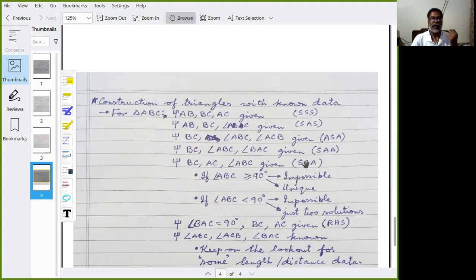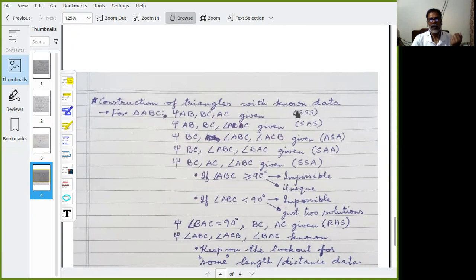But ambiguity is only when the angle is less than ambiguous. Now, in any of the cases, it can be that the construction is impossible. If the two arcs don't meet, then what can it be? Such cases would be possible here also.